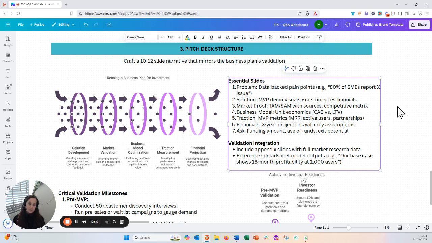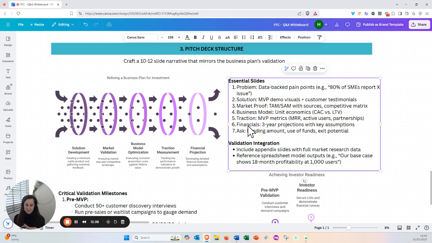Then the solution: your MVP demo, the visuals, the testimonials, the insights, where you've gone out and spoken to your ideal customer. Then the market, the size and the proof and the competitors, the business model, what that looks like and how you're going to generate revenue, and traction, the data that you've got today or your anticipated dates for traction.